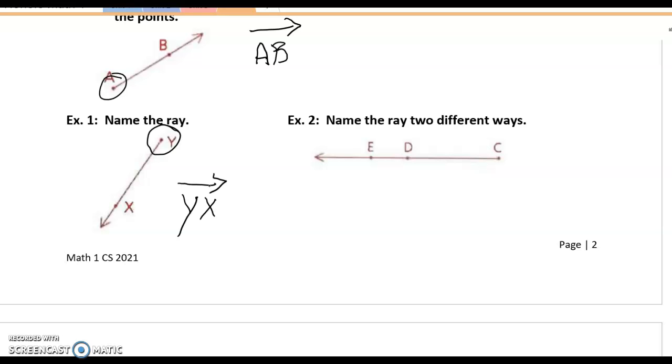We want to name that ray in 2 different ways. All right, in both ways that you name this ray, you always need to start with C because C is the endpoint. We cannot start with D because D is not an endpoint. So 2 ways you can name this ray are either ray CD or ray CE.